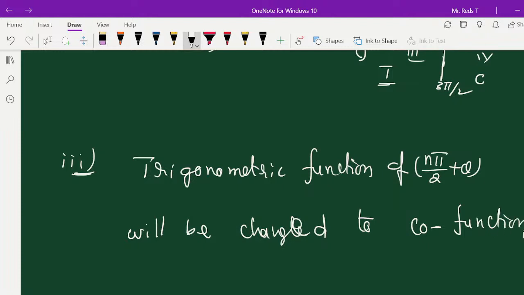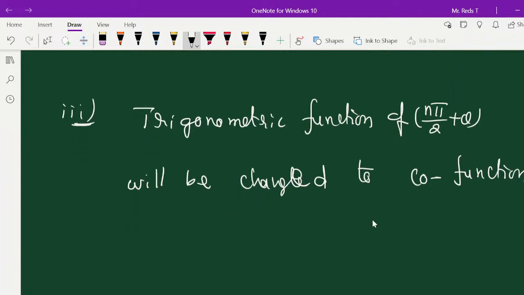Reciprocal functions, what is that? You have to be careful. The co-function of sine is cos, the co-function of cos is sine. The co-function and the reciprocal of tan are both cot only. You have to be careful about this. The function will be changed to its co-function if n is odd. This is very important.